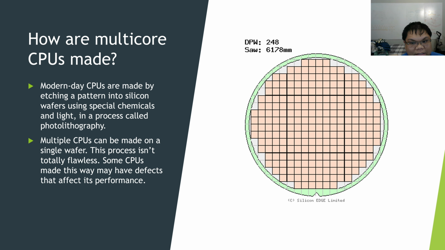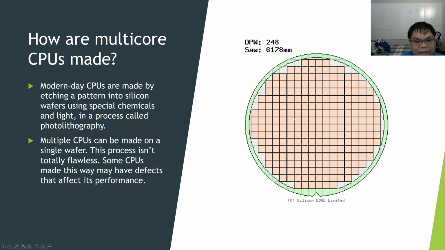Now, when this happens, we can make multiple CPUs at once. But one other thing to consider is that this process isn't totally flawless. At the microscale, well, rather at the nanoscale, really, it may be possible to have a few CPU cores, a few chips in here that may have a defect that might render the entire chip unusable.